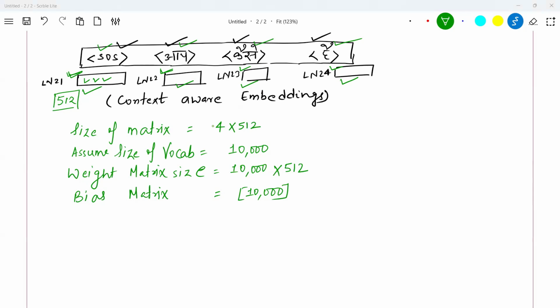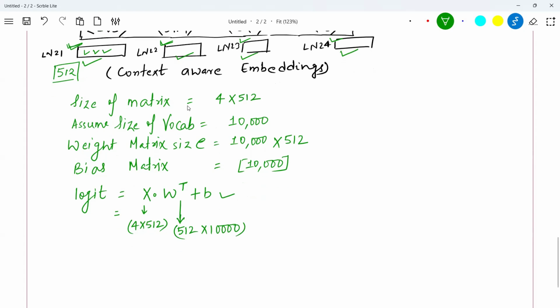Now what you will do is run a function called logit. That logit will be basically x multiplied by w transpose plus b. B is for bias. In terms of size, your x matrix is of size 4 into 512, and your w transpose matrix will be of size, if you flip it, 512 into 10,000, and then there will be b. Don't worry about b.